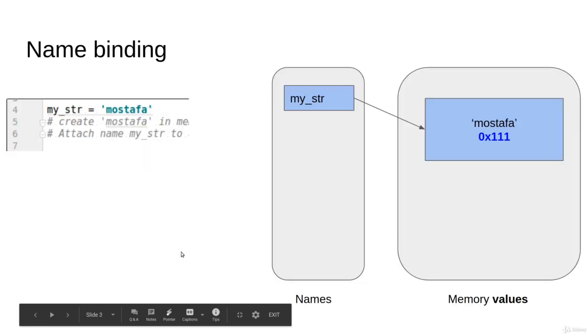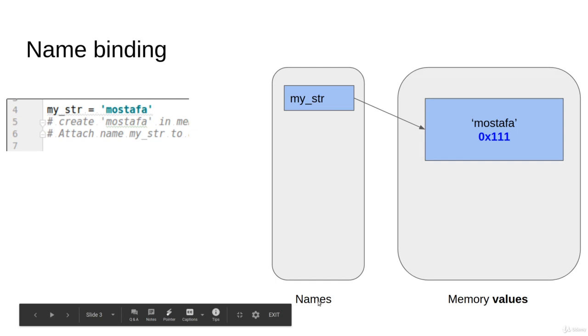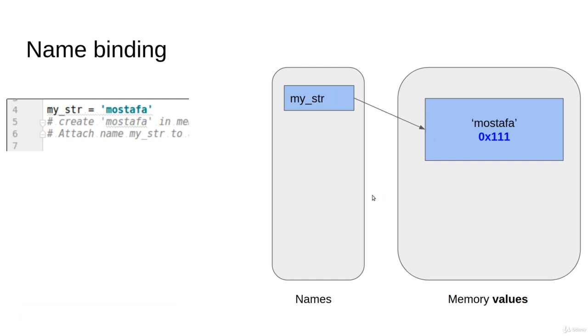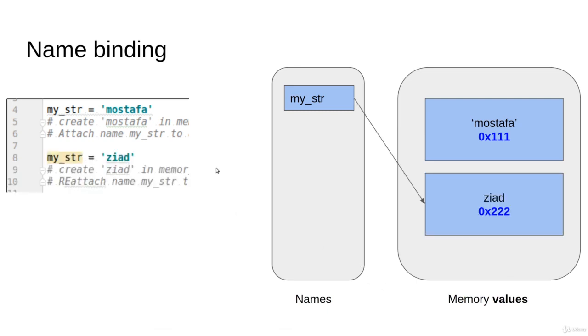Let me show you some visualization for that. In the first step, we said my_str equal Mustafa. So Mustafa is created in the memory values, and we have the names. So my_str is attached to Mustafa. If you are coming from C and C++, you can think of that like a pointer. So observe, we have values and we have names. In the next step, we assigned my_str to Ziad.